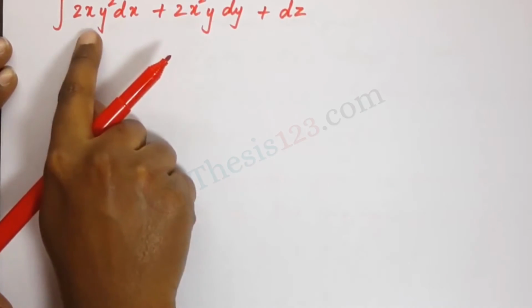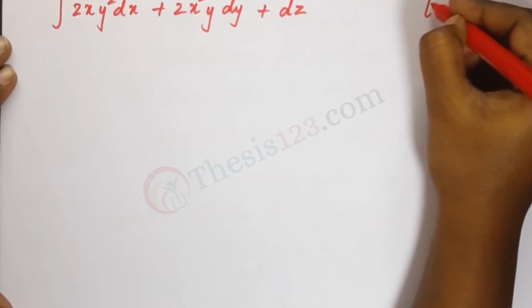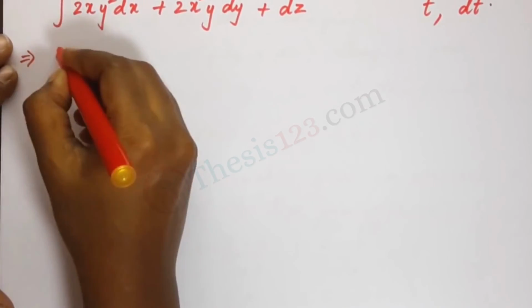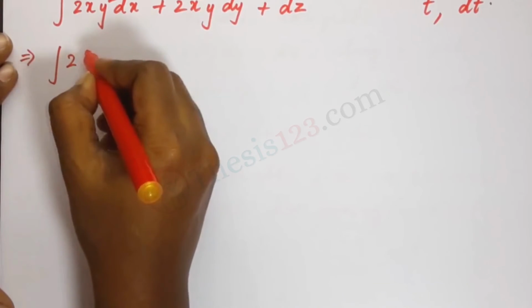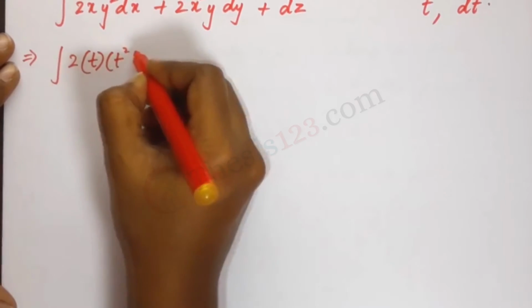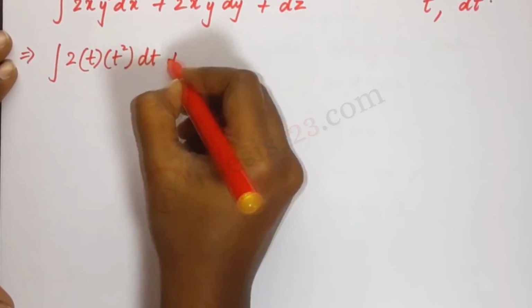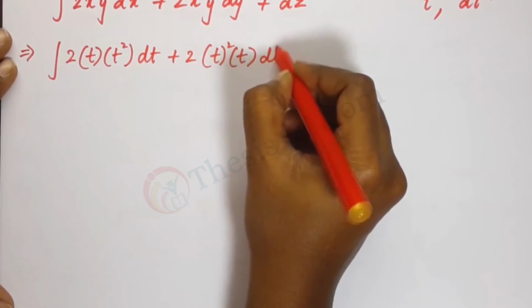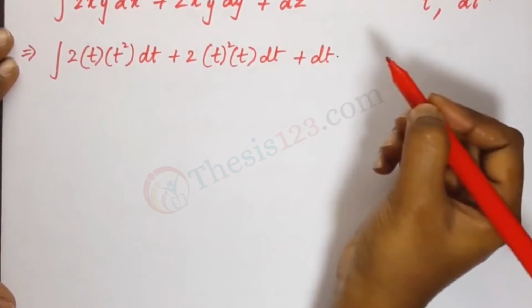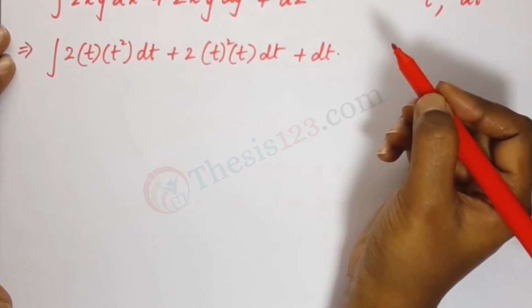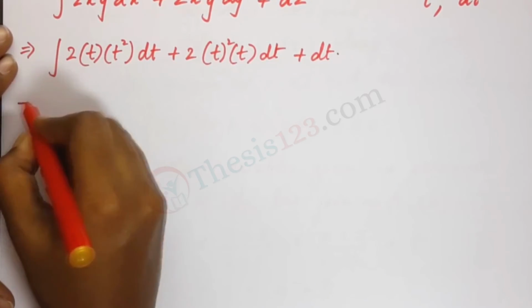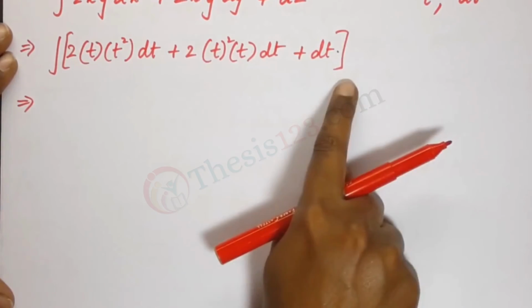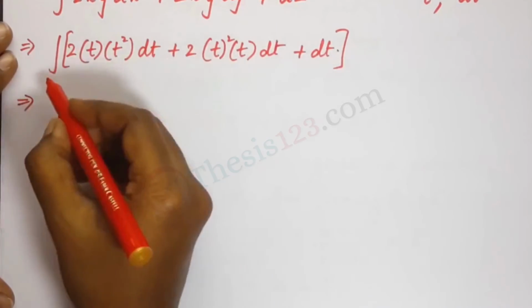Now we change all of these terms in terms of t and dt. So this implies we have 2 times t² dt plus 2t²t dt plus dt. This is the integral of the entire equation.